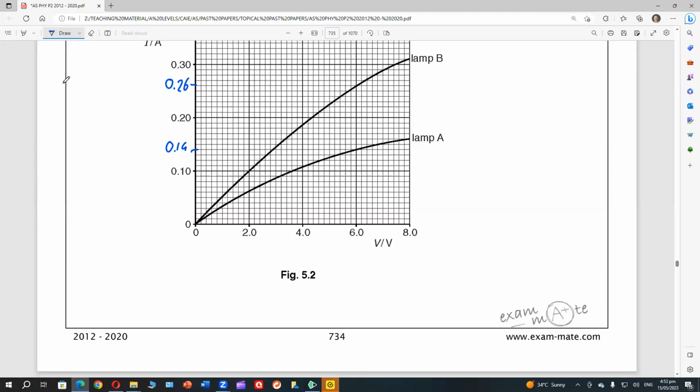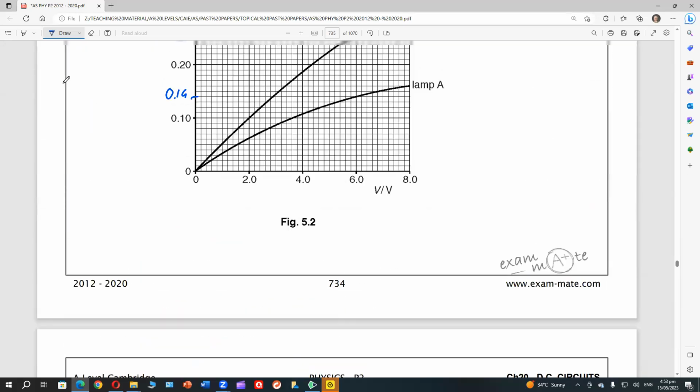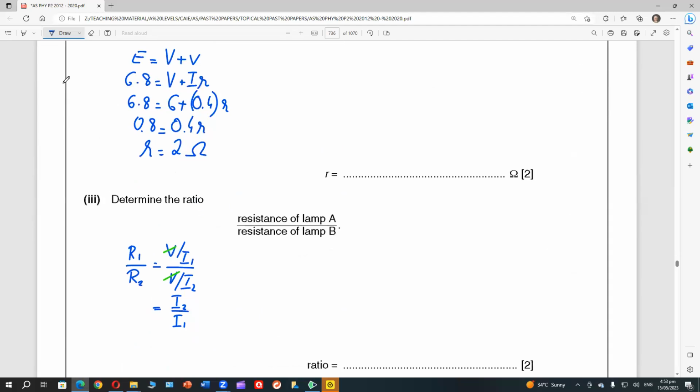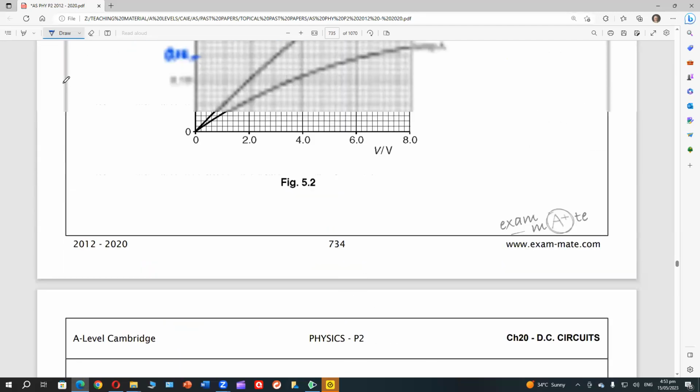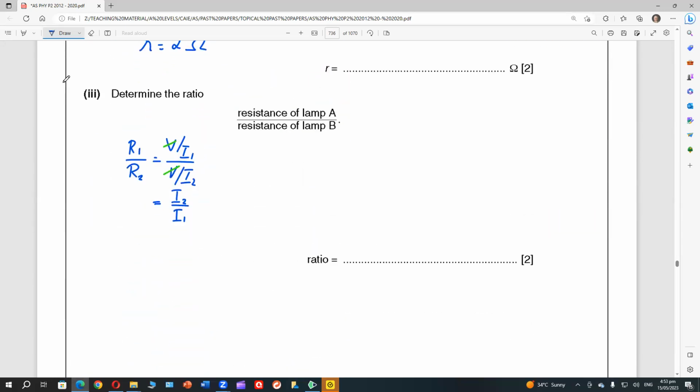I have the current, sorry, 0.14 and 0.26. So I can put the current 0.26 and 0.14. It is 1.86.